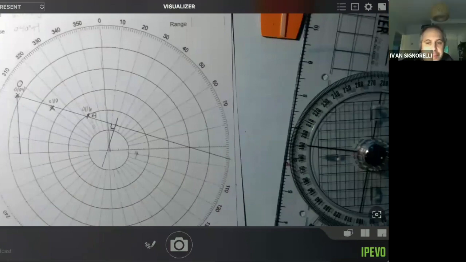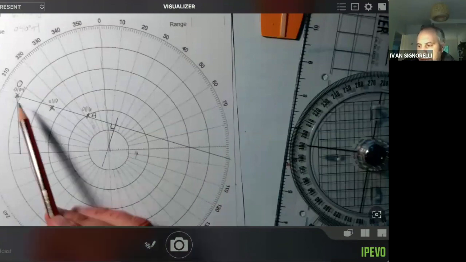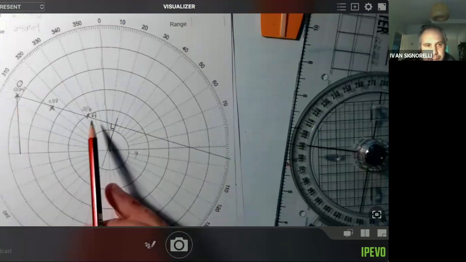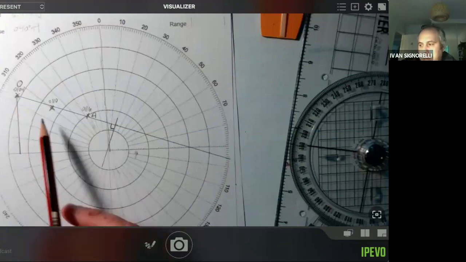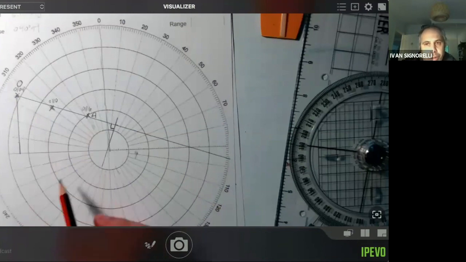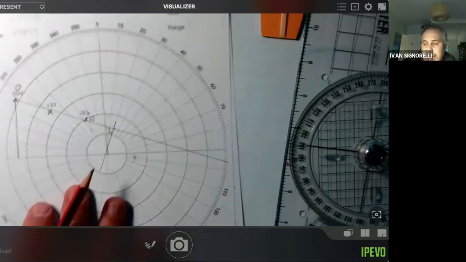The next thing we need to determine is how far we have traveled in these 12 minutes, from the first time we saw the target to the last time we marked the target. So this is where using 6 minutes is quite handy.